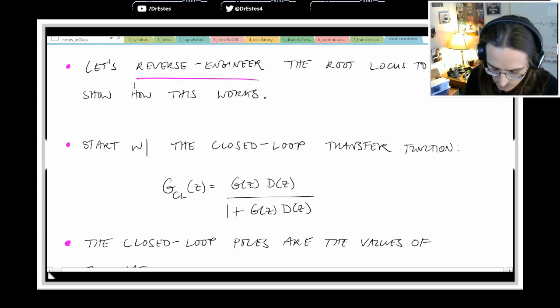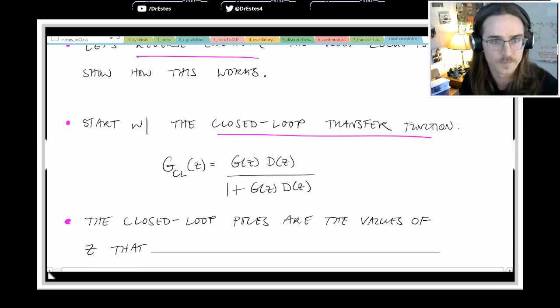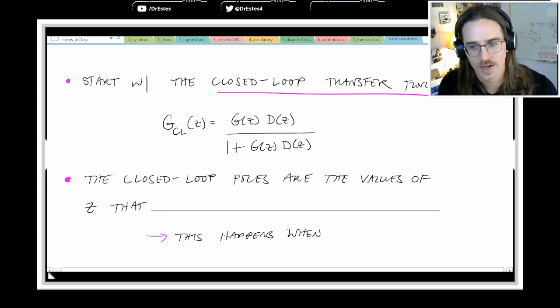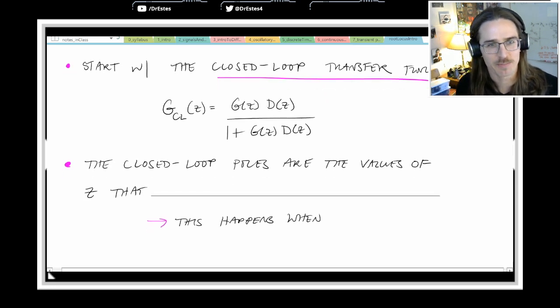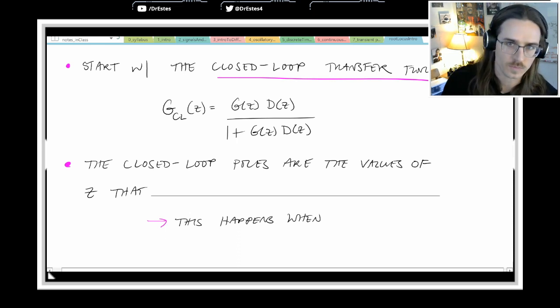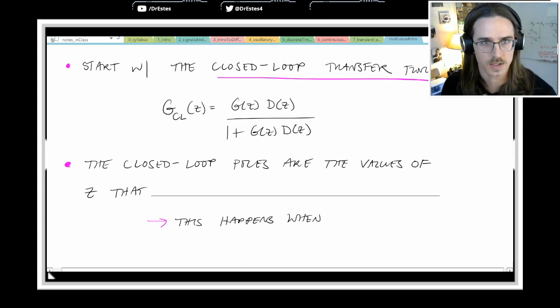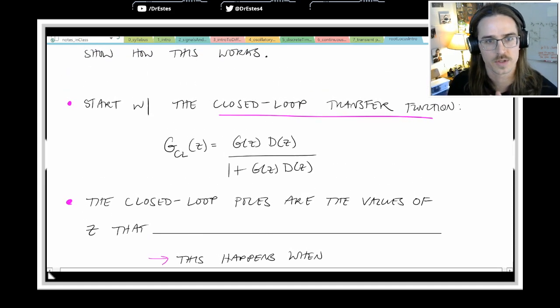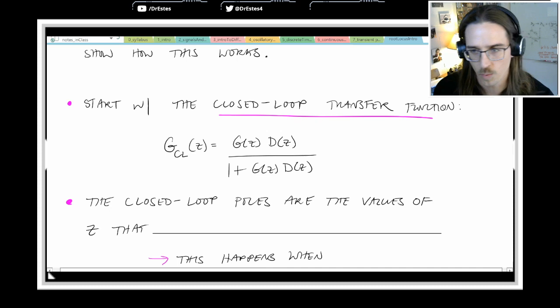Okay, so we start with the closed loop transfer function. The closed loop poles are the values of z that do what? This is a question for the audience. We have a closed loop transfer function. So the closed loop poles are the values of z that what?